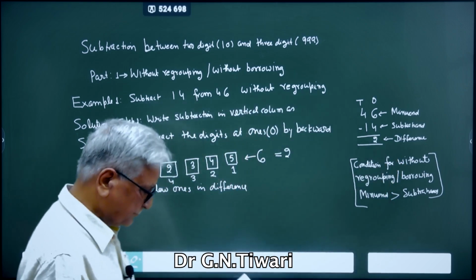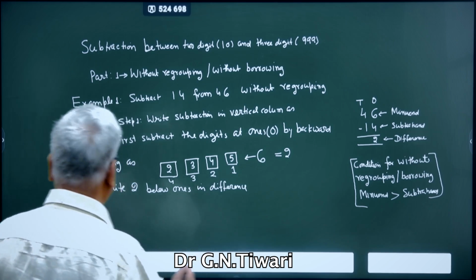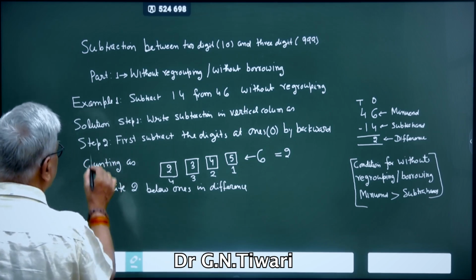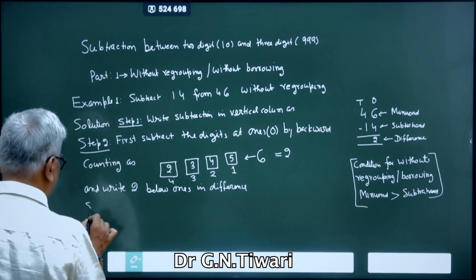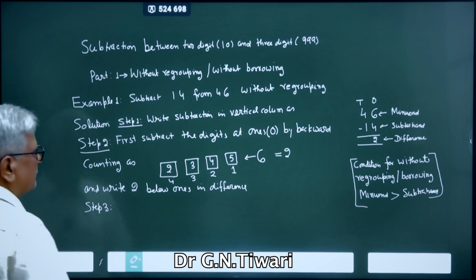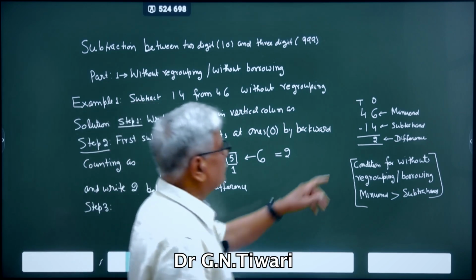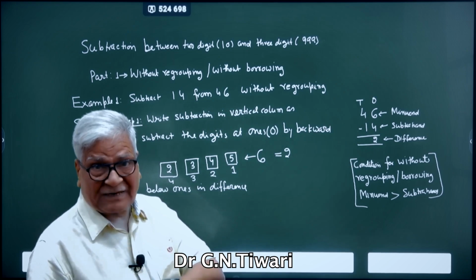Very simple. Then, what is the next step? Step 3. Step 1 underline, step 2 underline, step 3. Here, you have to subtract 1 from 4 because minuend is higher than subtrahend.